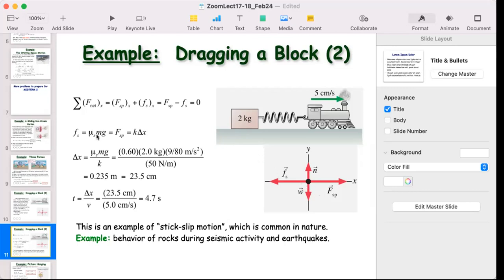So we have that the normal force is equal to the weight, so it is equal to mg. So what I have is mu s multiplied by mg. Then this has to be equal, because remember from this equation, the force of the spring is equal to the friction. So this has to be equal to the force of the spring, which is K delta X.